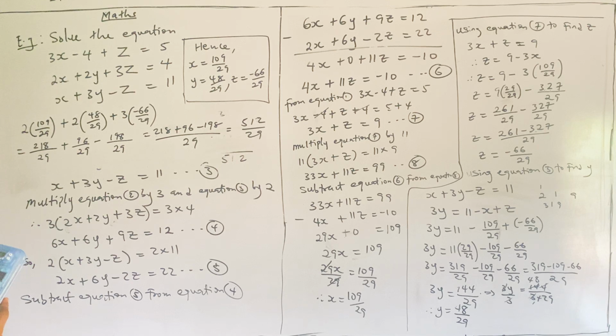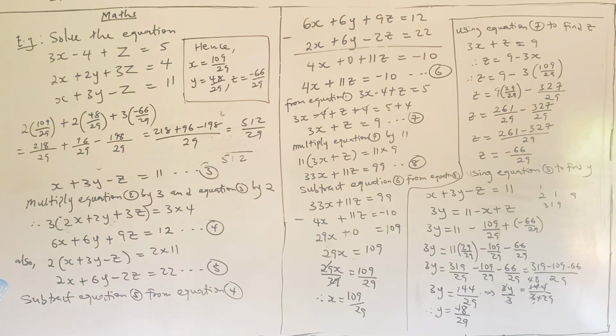Then 48 by 2, 96, and 66 by 3, I have 198, right?